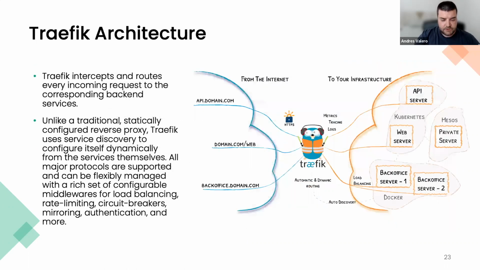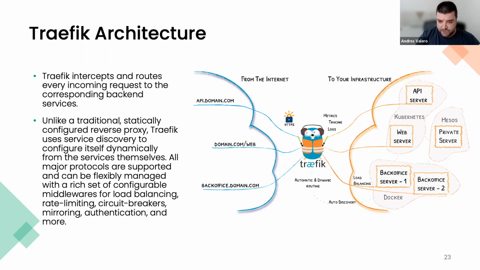And how it works, the architecture, is I think one of the nicest things from Traefik. So basically, you can perform from the internet different calls to different, let's say, domains and subdomains, and Traefik will handle the encryption if you want, and also will handle that all these services will be connected to the proper backend.